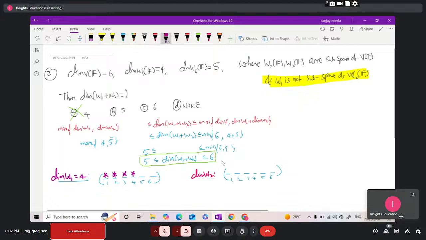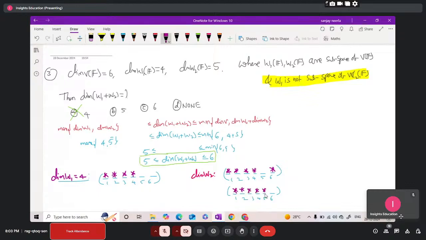So here it may be like this. W2 is 5, right sir? Or maybe like this, 1, 2, 3, 4, 5, 6. Maybe like this, 1, 2, 3, 4, 5.